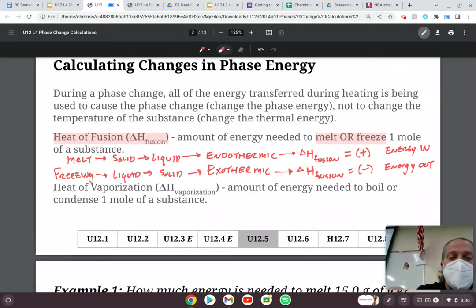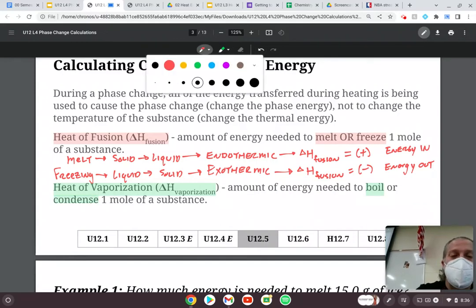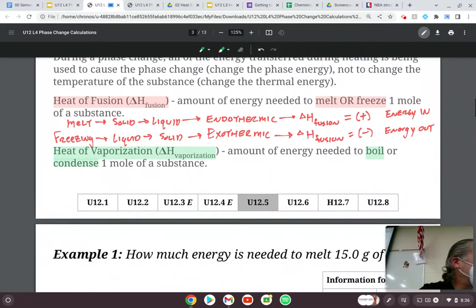Okay. Now, heat of vaporization, which is what you were getting at, is the amount of energy needed to boil or condense 1 mole of a substance. So when we boil something, we are going from a liquid to a gas, and that will be endothermic.